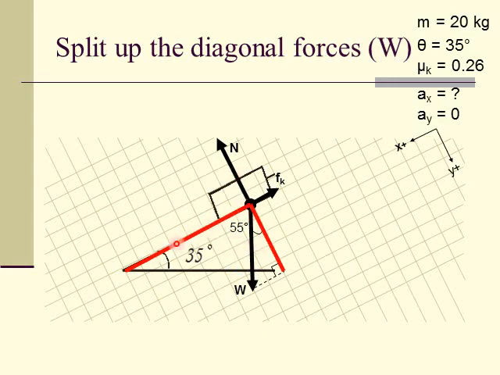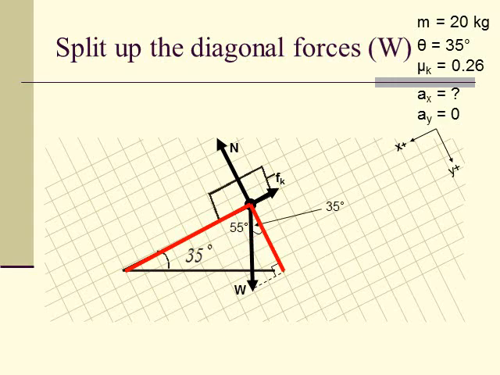Because this is the surface. Here's normal, right, to the surface, so this is by definition perpendicular. So this angle and this angle together should add up to 90, which means this 55-degree angle and this angle are also complementary. So if this is 55, that angle right there must be 35.